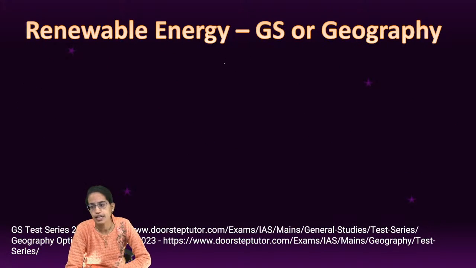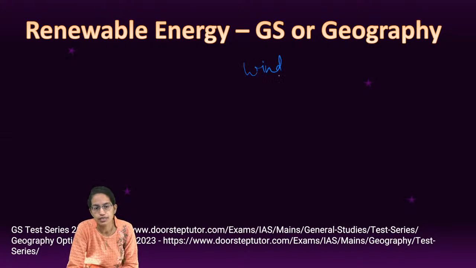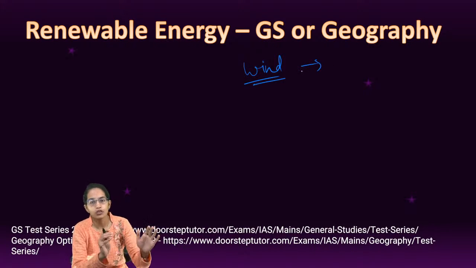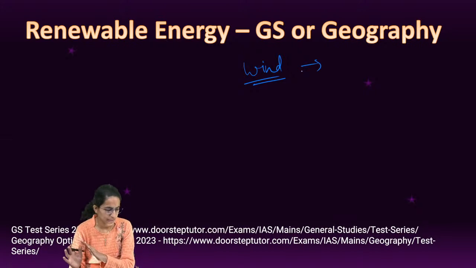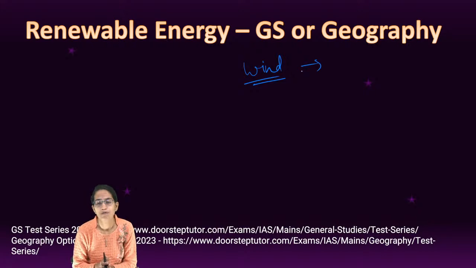Now, if I take another important thing, I can highlight the benefits of wind energy. Definitely, the capital cost for installation of a wind plant is at par with any conventional plant. So that's one thing that you can keep into account. The fuel is zero cost. That's another important benefit.